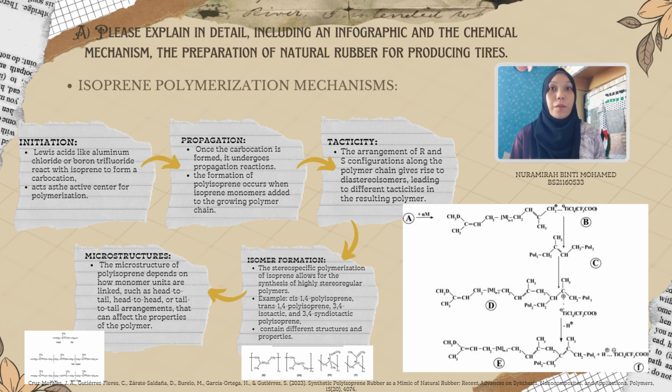Next is the isomer formation, whereby the stereospecific polymerization of isoprene allows for the synthesis of highly stereoregular polymers such as cis-1,4 polyisoprene, trans-1,4 polyisoprene, isotactic 3,4 and syndiotactic 3,4 polymers, which contain different structures and also properties. Last one is microstructure, whereby the microstructure of the polymer will depend on how the monomer units are linked, such as head-to-head, tail-to-tail arrangement that can affect the properties of the polymer.